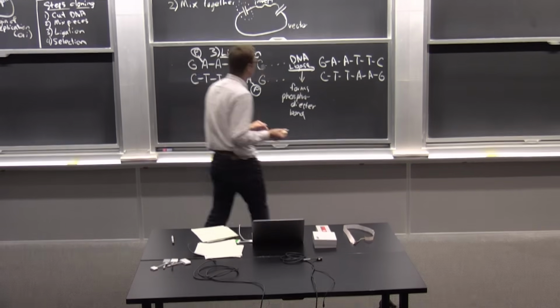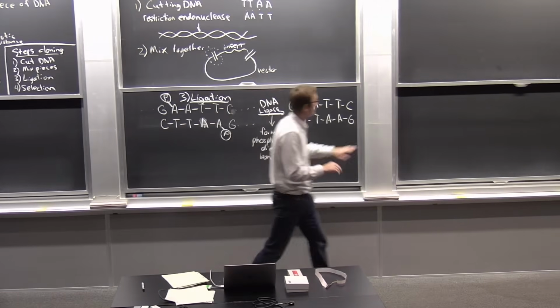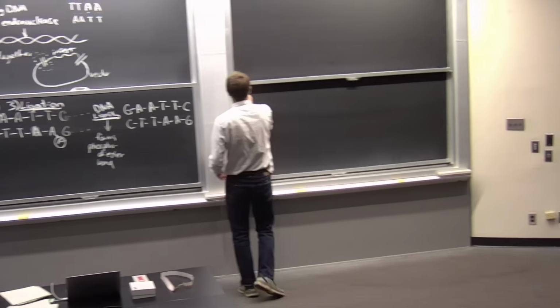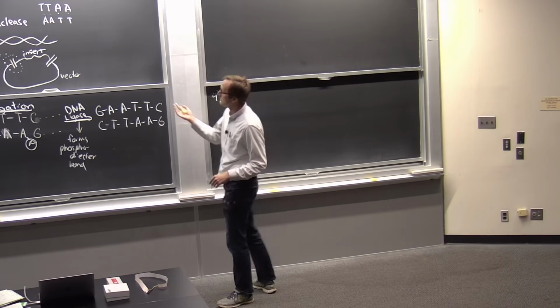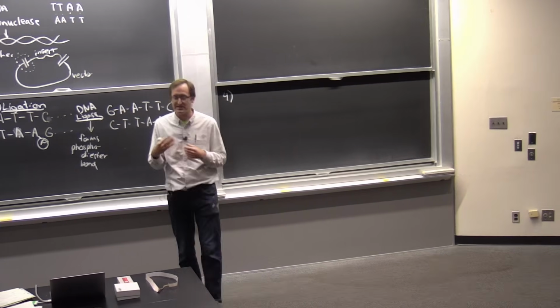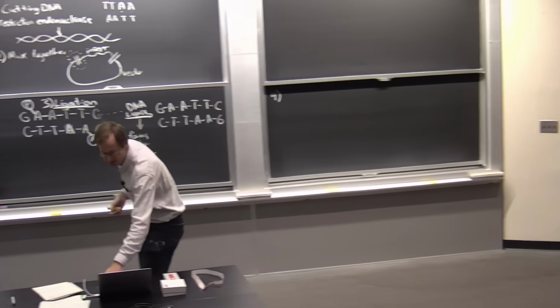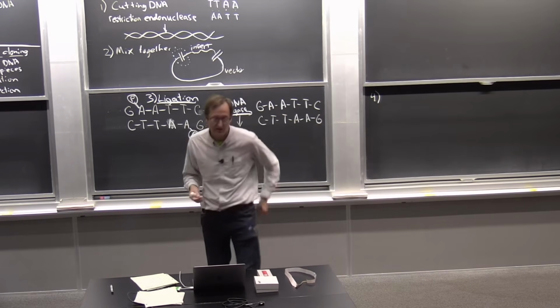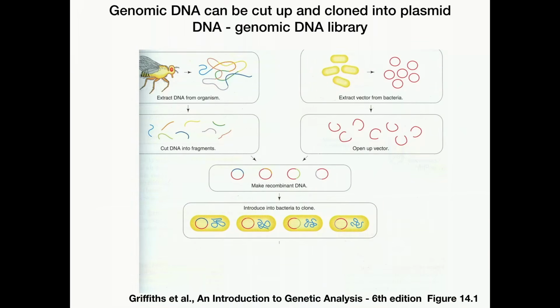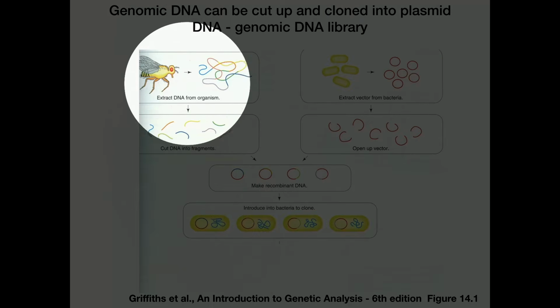Okay, so now moving on. The last step is that once we have pieces of DNA with this insert, and let's say we're trying to find a piece of DNA from a eukaryotic organism, we might start with an animal.